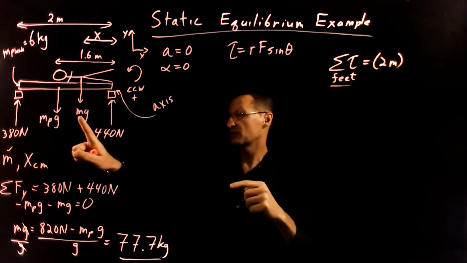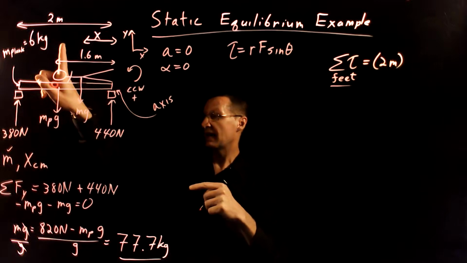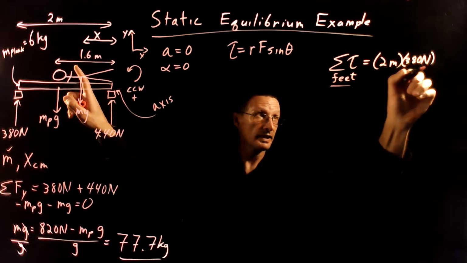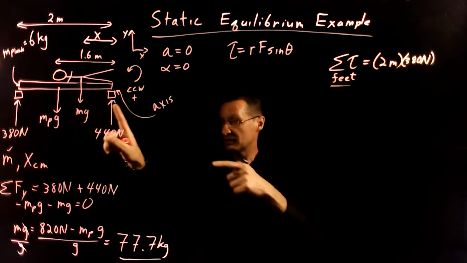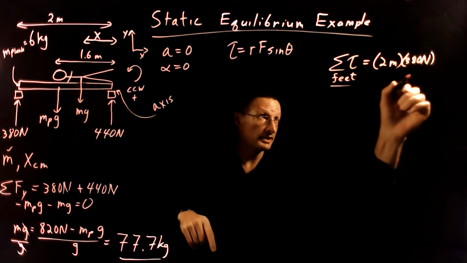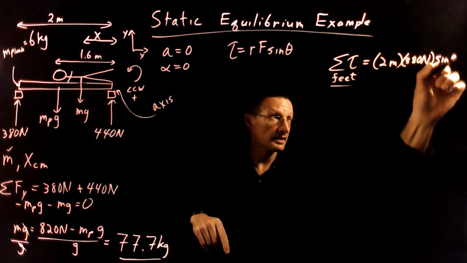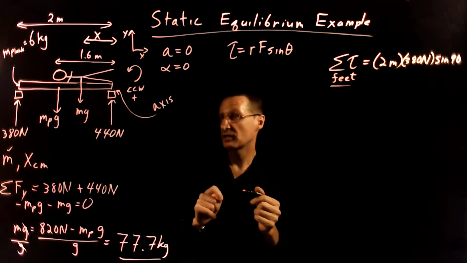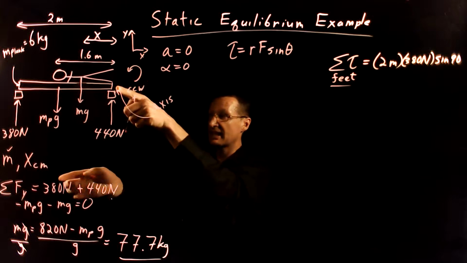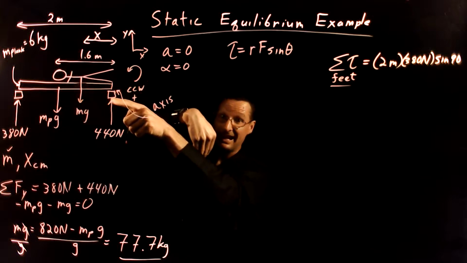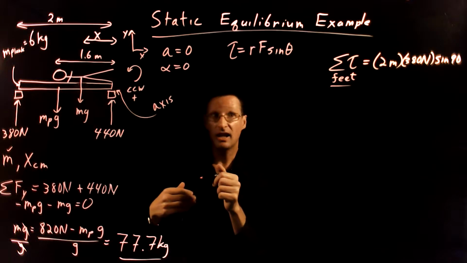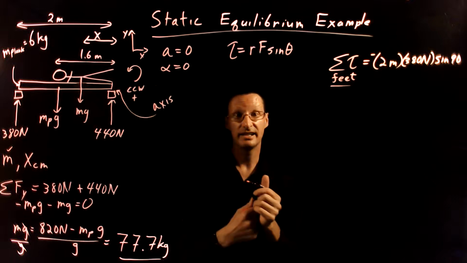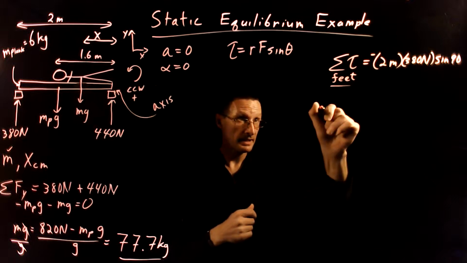The force vector points up at 380 newtons, and the angle between those two is 90 degrees, so I have sine of 90. Then I need to decide whether it's positive or negative according to our convention. About this axis, it's going to make it rotate clockwise. Clockwise is negative, so I need to put a negative sign here by hand.